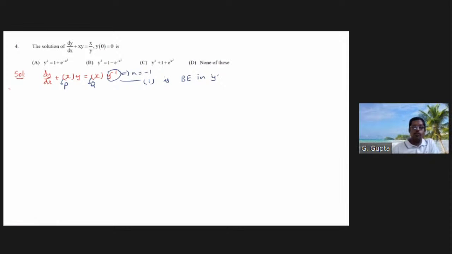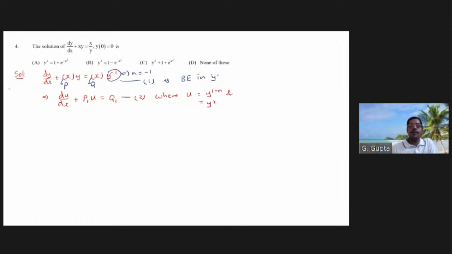I hope you remember equation 2, as I put the double tick steps: du by dx plus p1 into u is equal to q1. Let us call it equation 2, where first of all the new dependent variable u is connected with the old dependent variable: u is 1 minus n power of y, that is y to the power 1 minus n, which becomes y square, because n is equal to minus 1.